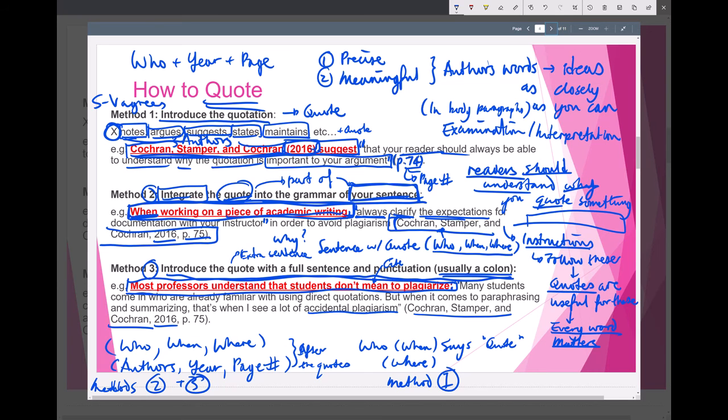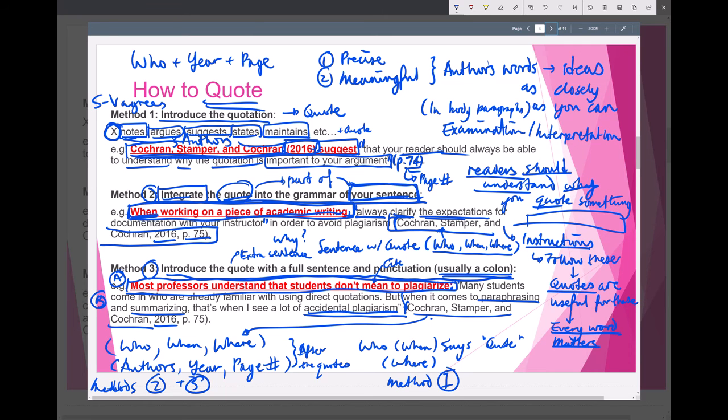It could be part of this one. They may have said something similar. You probably don't, and I don't. But when it comes to paraphrasing and summarizing, as they say in the quote, we can accidentally plagiarize. But again, you would have sentence 1. I'll put sentence A, colon, and then your quote, that's sentence B, and then you cite it here, like this.